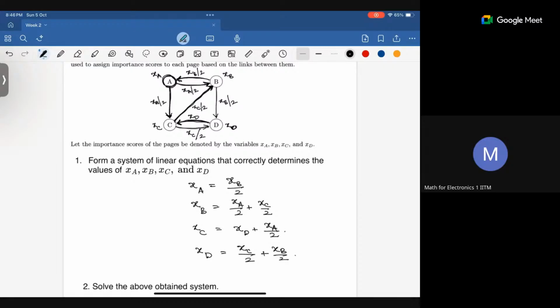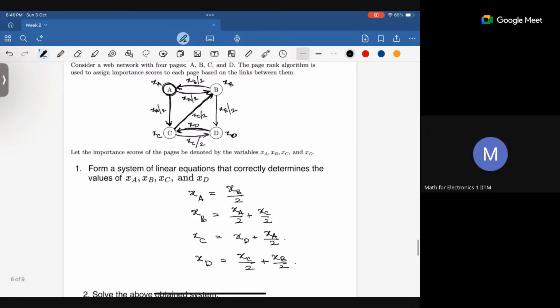So from the graph, we form a system of linear equations in terms of four variables, which are xa, xb, xc, and xd, which are nothing but the importance scores of each page A, B, C, D. And yeah, so we have four equations and four variables.